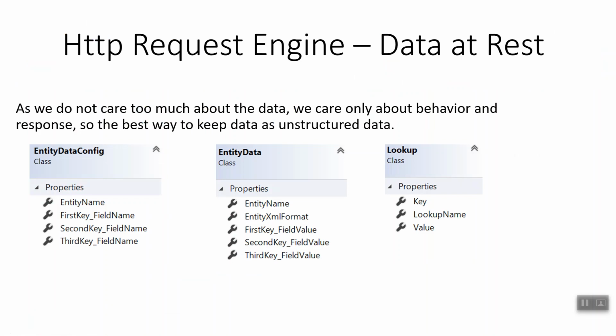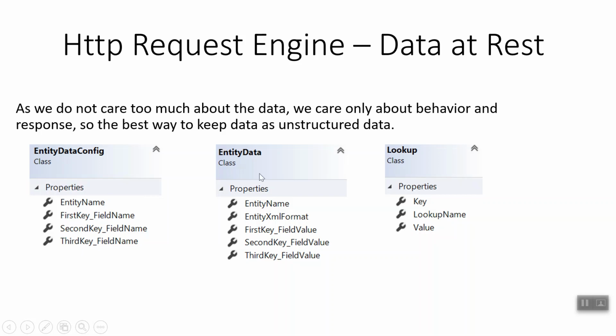For the HTTP request engine data at rest, we have multiple requests, and we can save them in a generic way. This entity data or entity metadata table will contain, for example, what entities we have and what the three most important fields are.